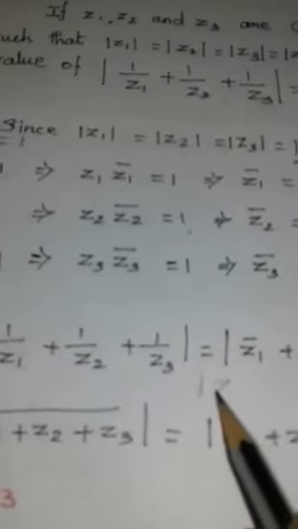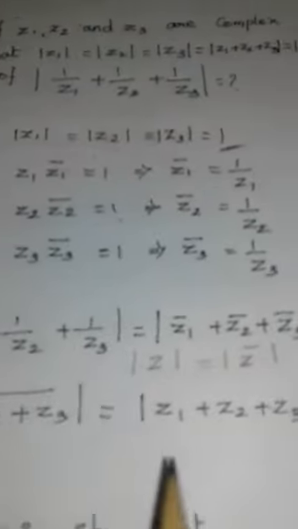You know that modulus of Z is equal to modulus of Z bar, both are the same. That's why I write here modulus of Z1 plus Z2 plus Z3. Already we know that this value is equal to 1. Therefore, modulus of 1 by Z1 plus 1 by Z2 plus 1 by Z3 is equal to 1.